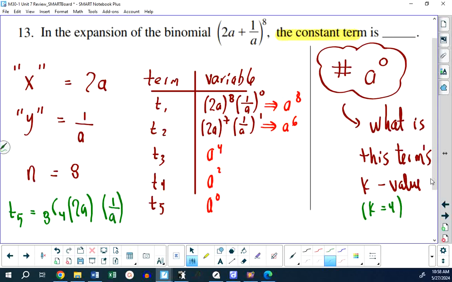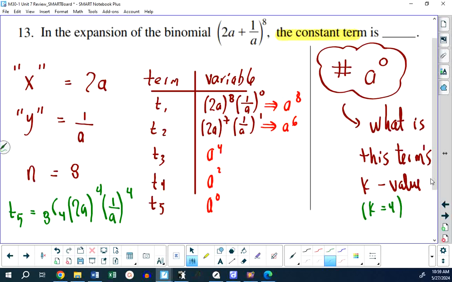The 1 over a, which is our y, is raised to the key value, which is 4. And our x is raised to 8 minus 4, which is 4, or it's raised to a number that when added to the key number gives you 8, which would mean it's 4. And you can see just by inspection here that you will get a to the 0.